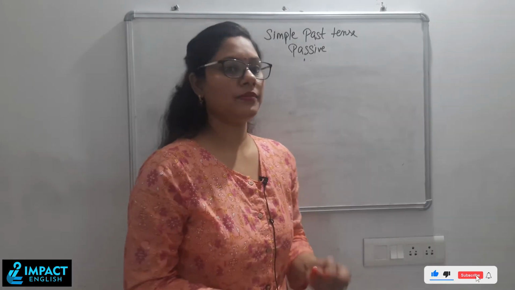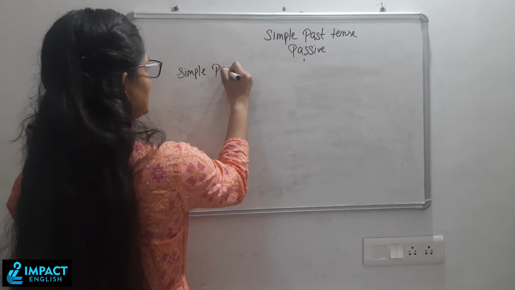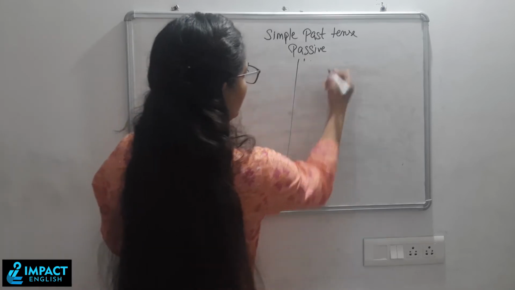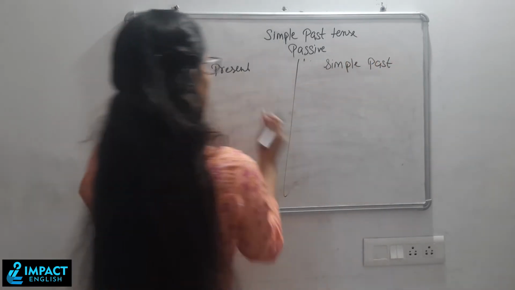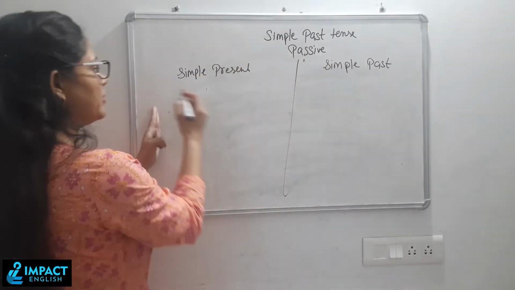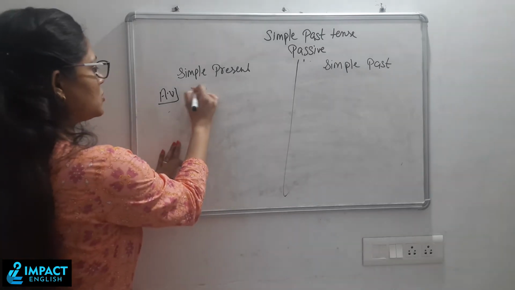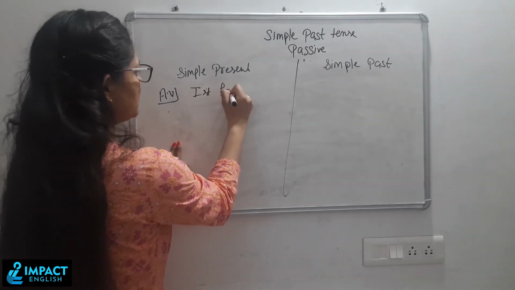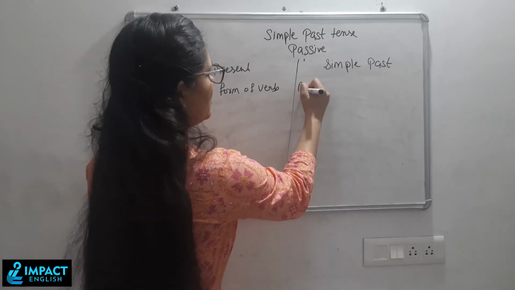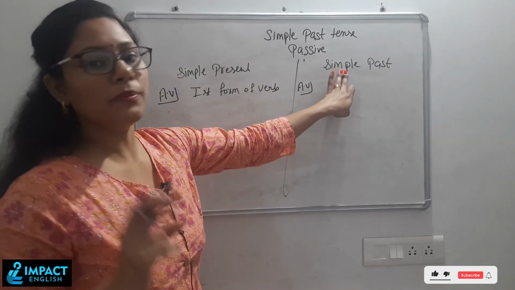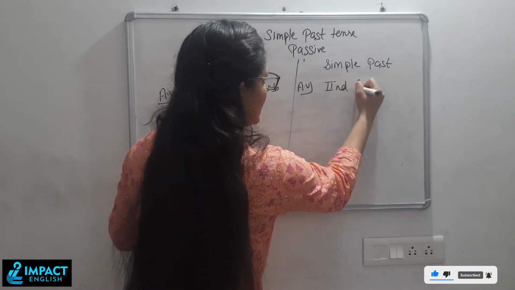Now see here. Here I am writing simple present, and here I wrote simple past. Now see, in simple present, when we use it in active voice, that time we use only first form of the verb. The same, when we use simple past tense in active voice, that time we use only second form of the verb.